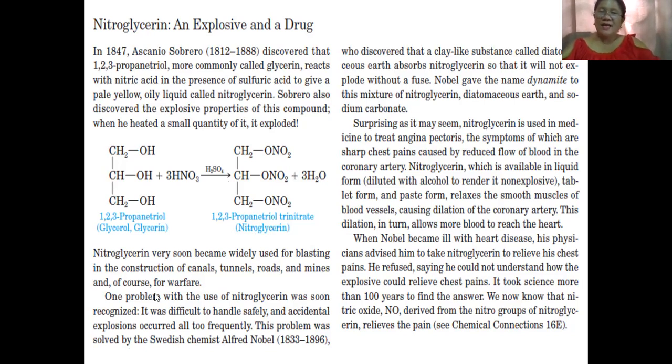Nitroglycerin is used as a blasting agent for constructing canals, tunnels, roads, and mines. In short, it is used in dynamite, even in fishing. What goes into dynamite is nitroglycerin.